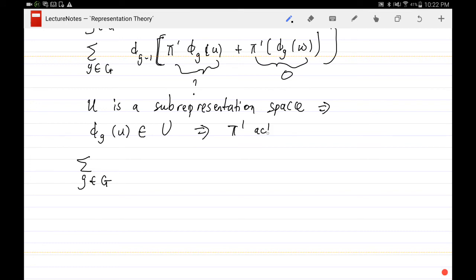It has to, because phi of g acting on u is already in U, and pi projects to U, but we're already in U, so we have to act by the identity. And so we're left with that.